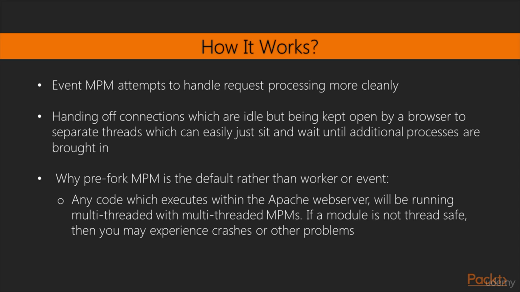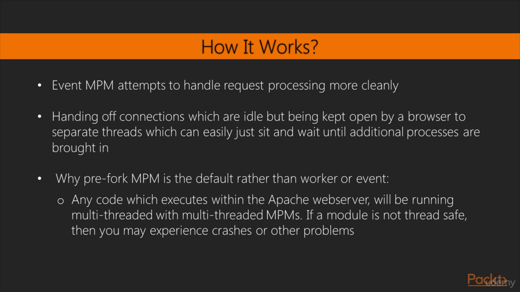With a default of 25 threads, this means that you can handle 500 connections using just 20 processes, thus dramatically decreasing your required memory. The event MPM is similar to worker, but attempts to handle request processing more cleanly by handing off connections which are idle, but being kept open by a browser, to separate threads which can easily just sit and wait until additional processes are brought in.